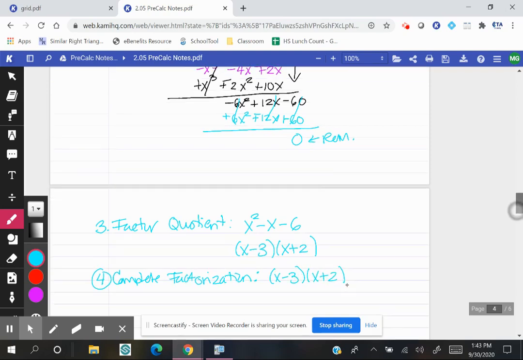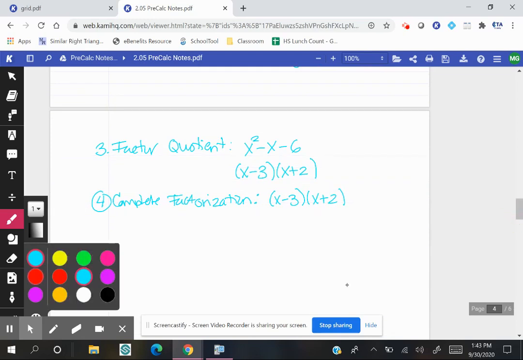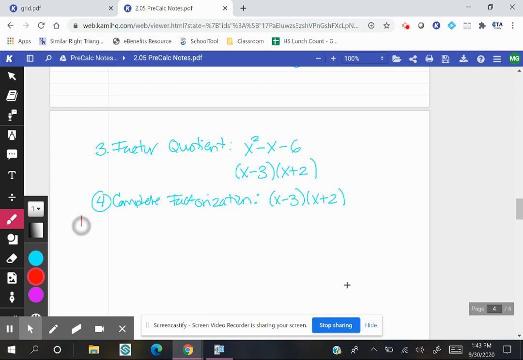Now, the hard part here, off to the side, I'm going to show you how I'm going to do this. I have 1 plus 3i, and I have 1 minus 3i. So those are your zeros. I want to write them as factors. So once I write them as factors, here's when I write the x now. And just like if I had x equals x minus 3, positive 3 is the 0, I need to change the signs.